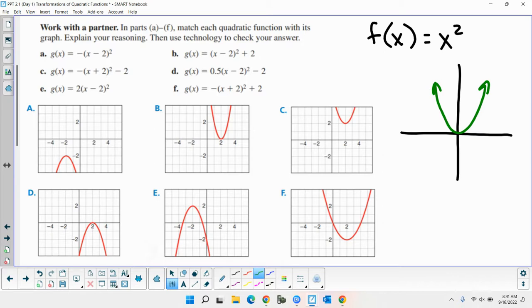It's going right 2 and then up 2. C would be Alexa, you got them all already? C would be F.